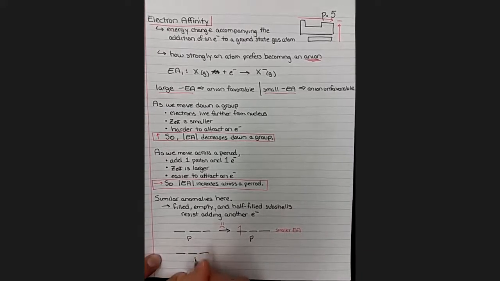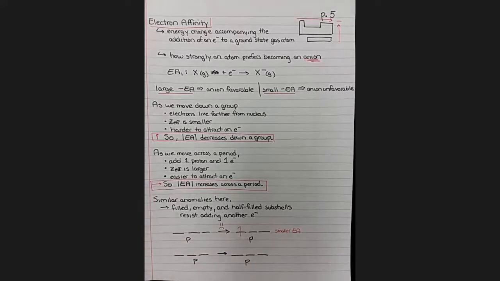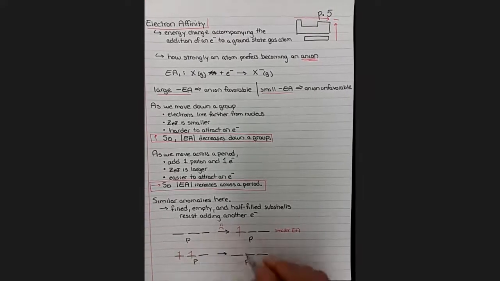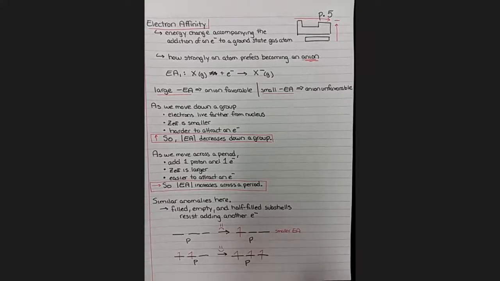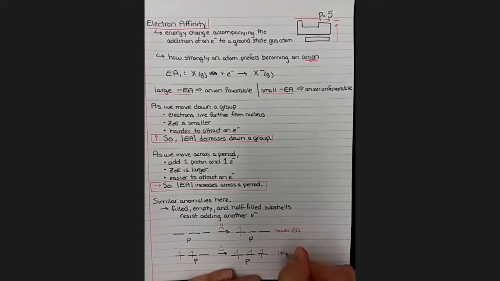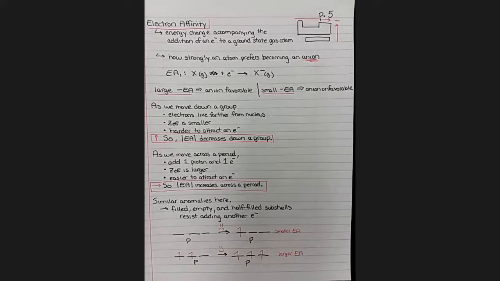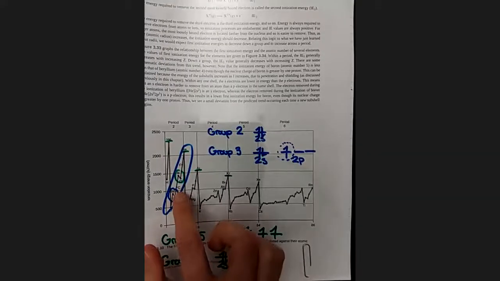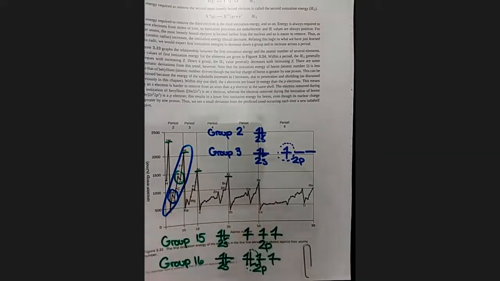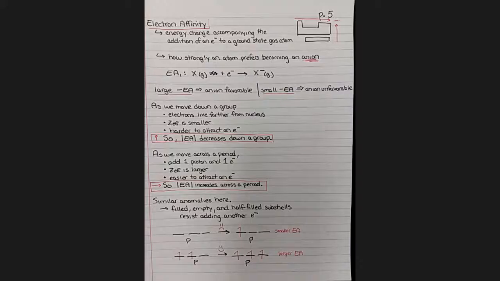We also talked about if we have 2 and we move to 3 in a p subshell, if we're adding the last one, reaching that happy half-filled status, that is going to be favorable. There's going to be a larger affinity for this one. So we're basically going to see the same bumps that we saw in this plot, the same anomalies in the center, but they're going to be shifted over by one atom.